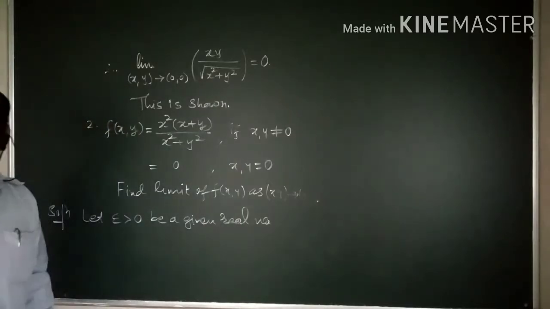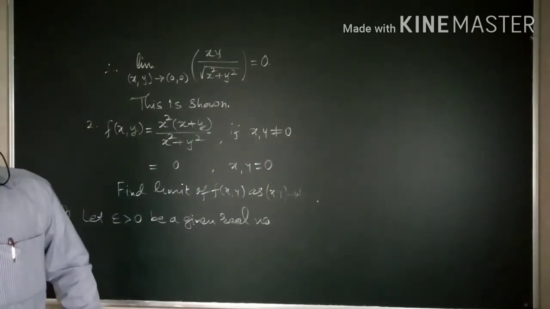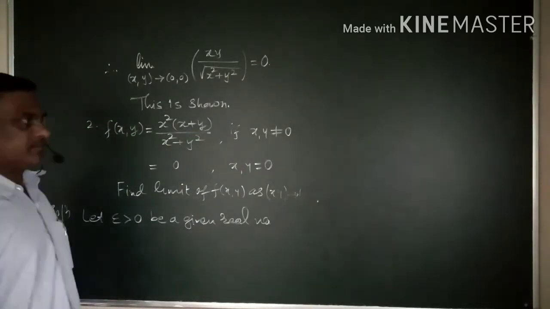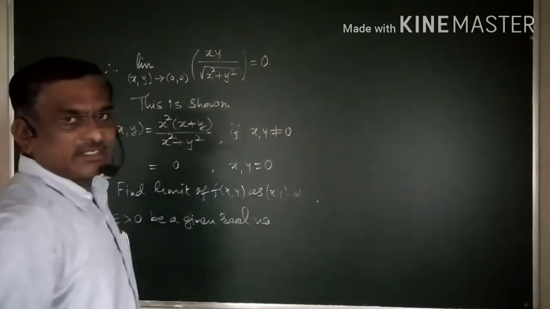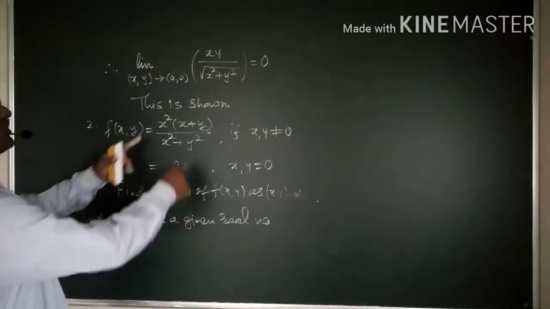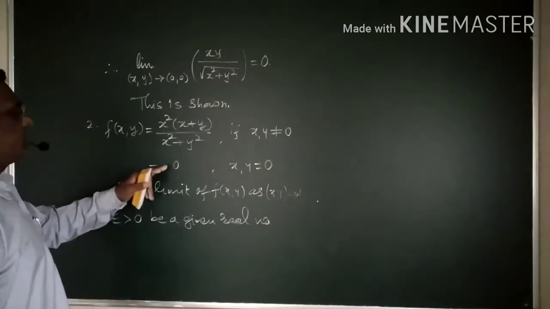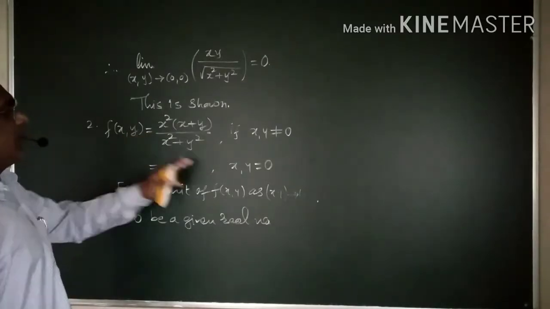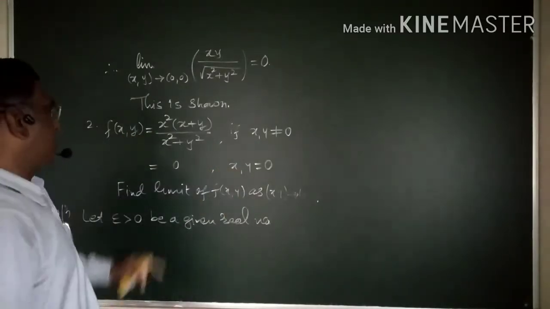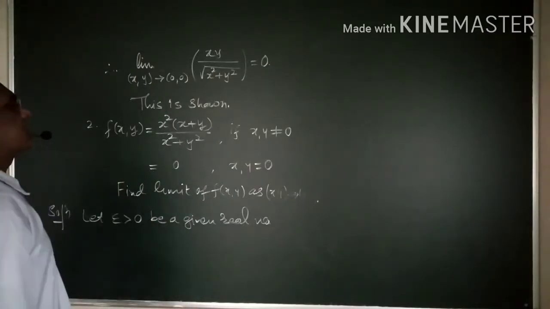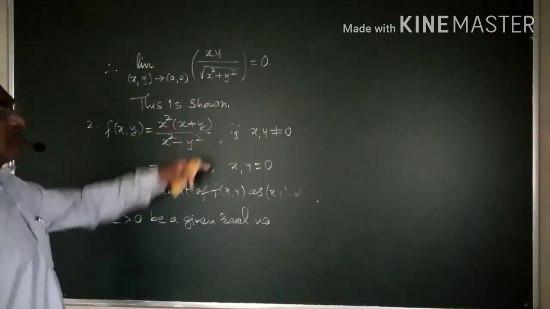And what we need to find out here, again as usual, as you know the definition, is the absolute value of this function and its value at the point (0, 0), which is 0. Therefore, we need to consider the absolute value of all this.